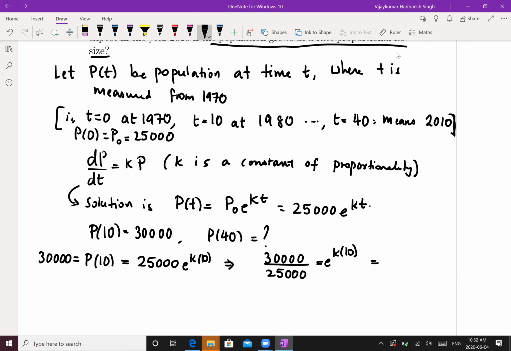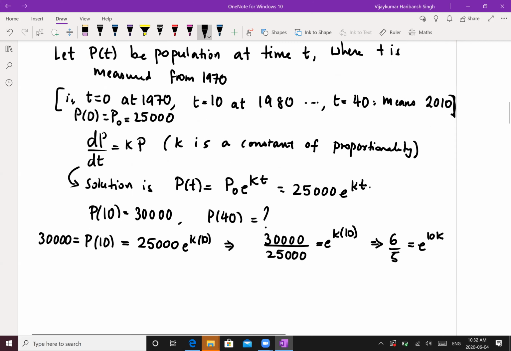If you divide both top and bottom, you get 30 by 25, which is the same as 6 by 5, equals e to the power 10k. Or from here you can find k equals ln of 6 by 5 divided by 10.